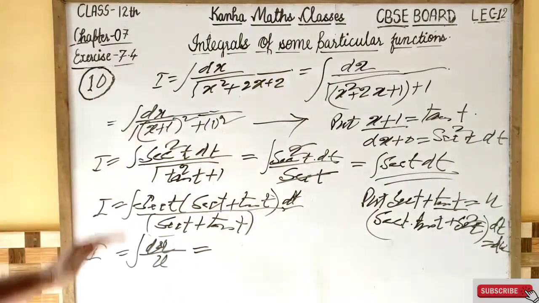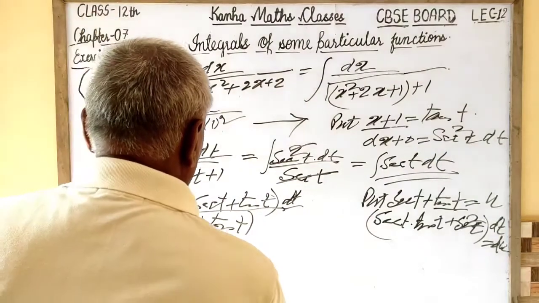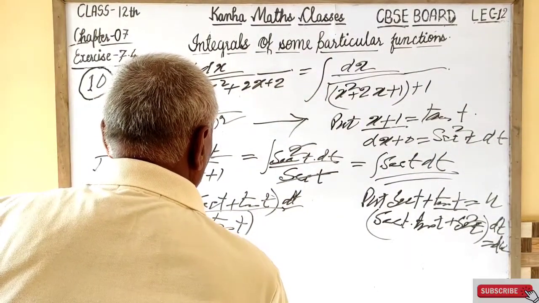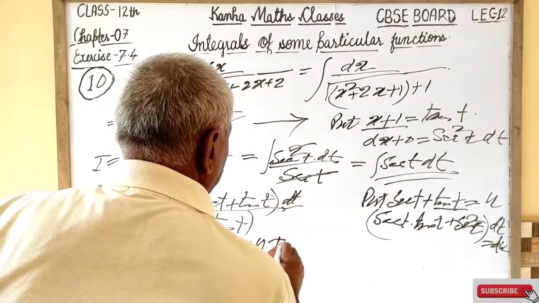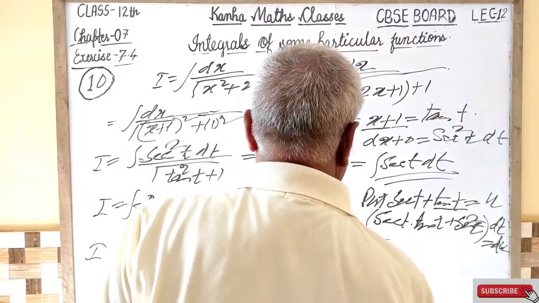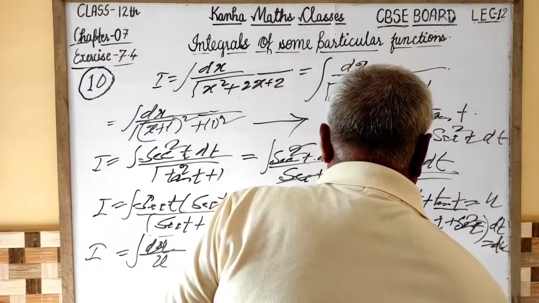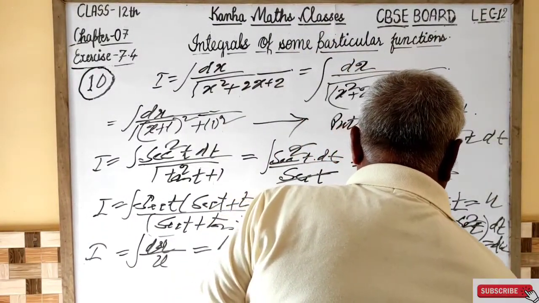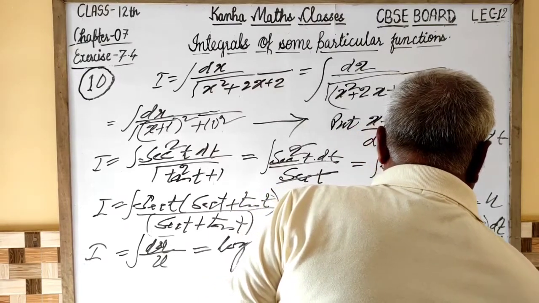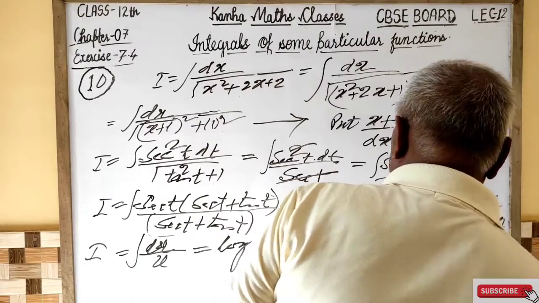By the simplest form of integral, du upon u is equal to log u plus c, and log u means log of sec t plus tan t, plus c.